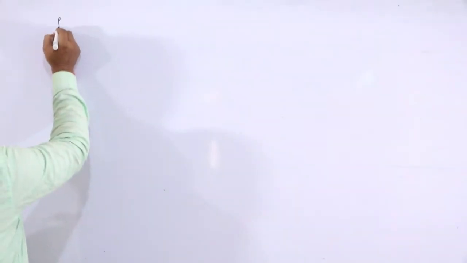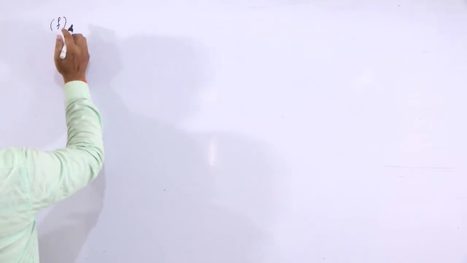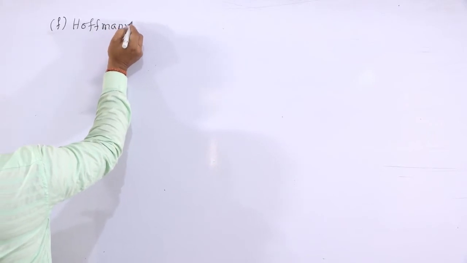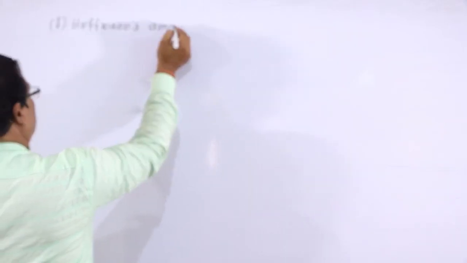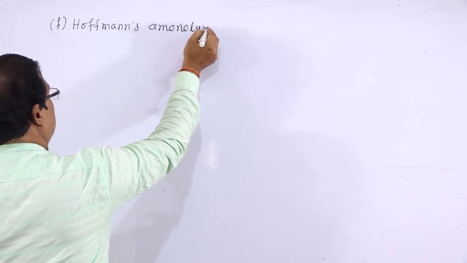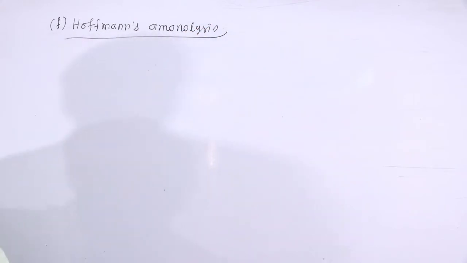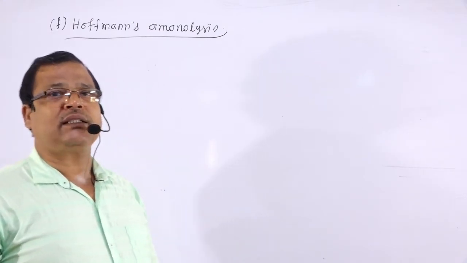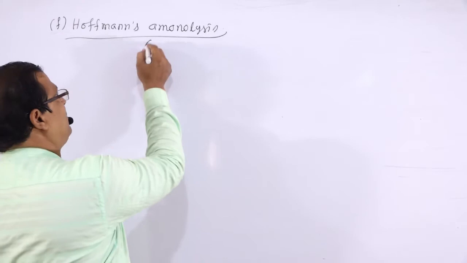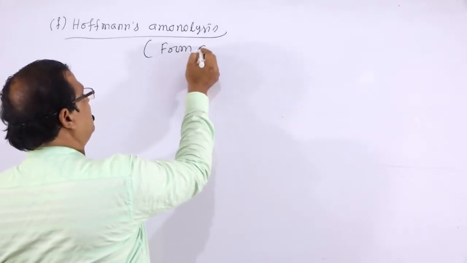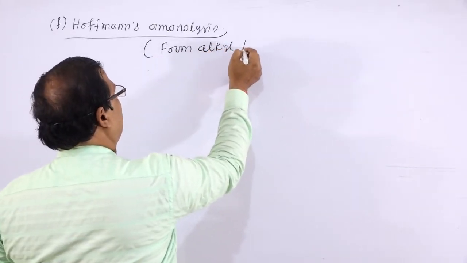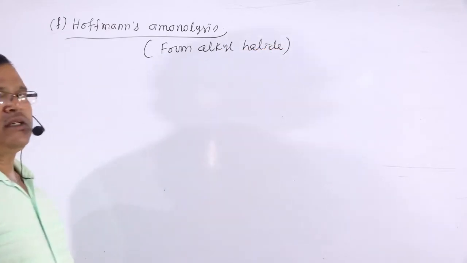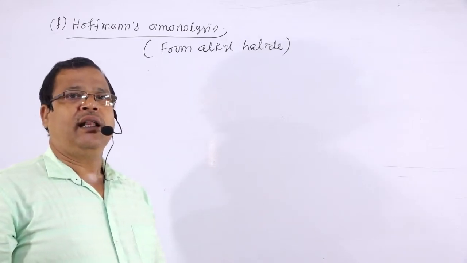The next method of preparation, Hofmann's ammonolysis, is from alkyl halide.